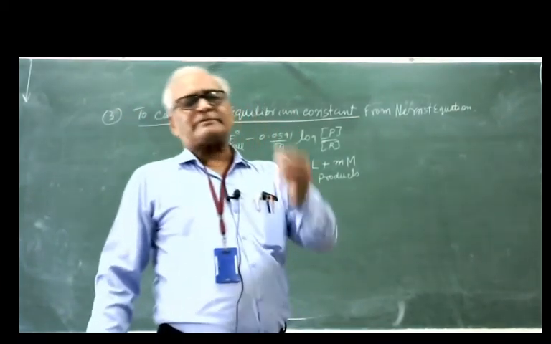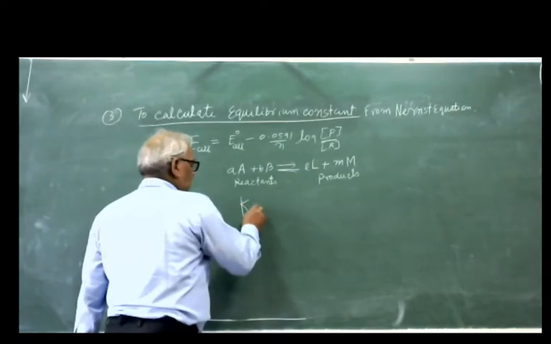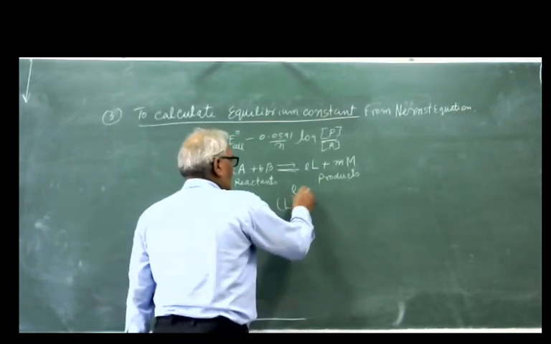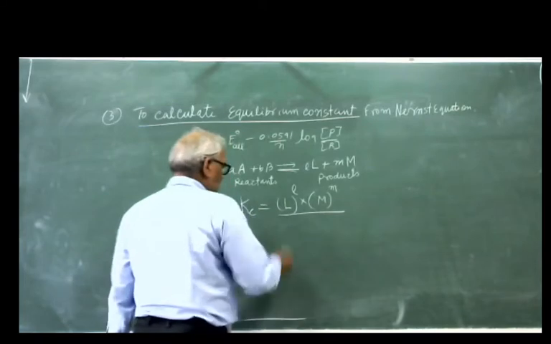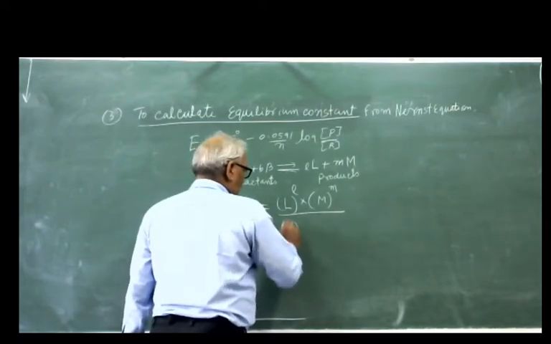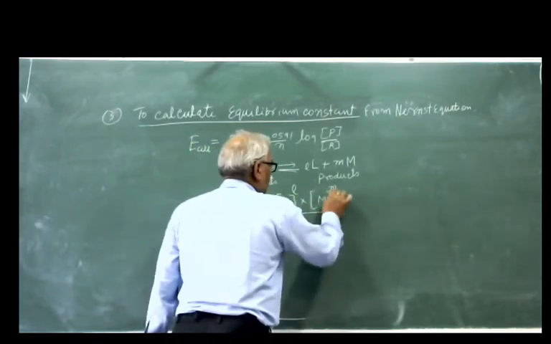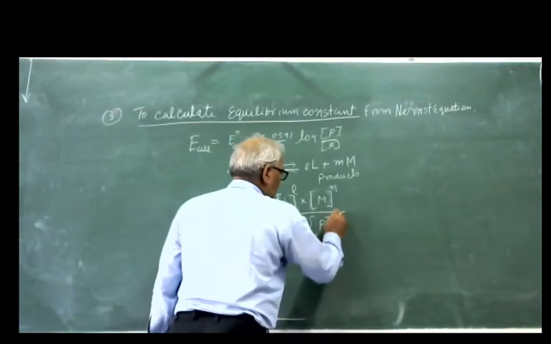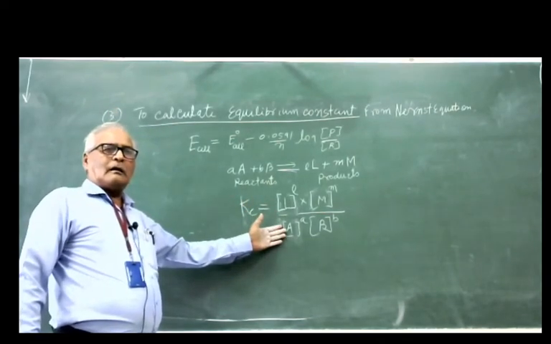Now from the law of mass action principle, we know that Kc is equal to concentration of L power l into concentration of M power m divided by concentration of A power a into concentration of B power b. This is the law of mass action.